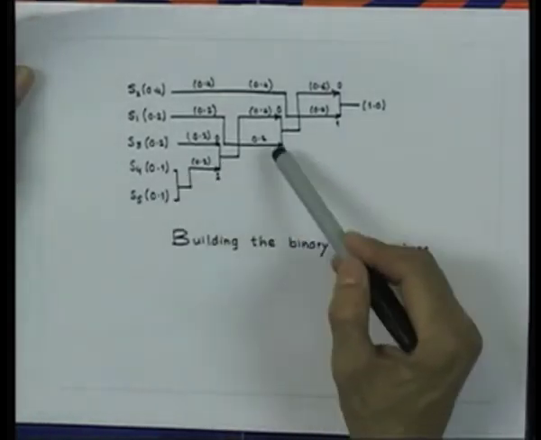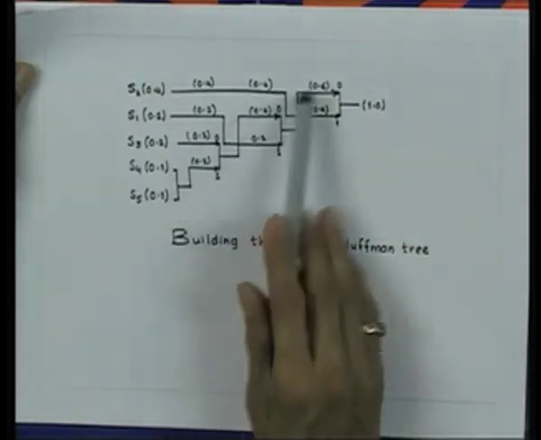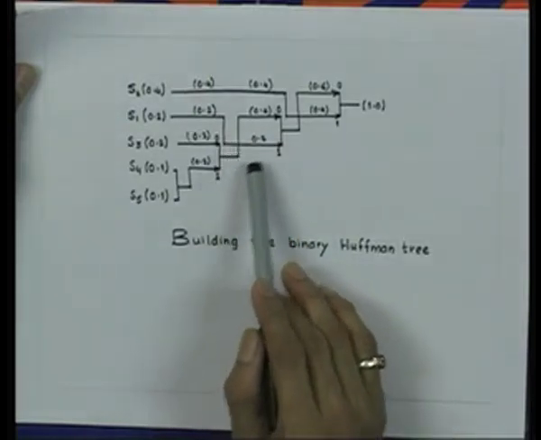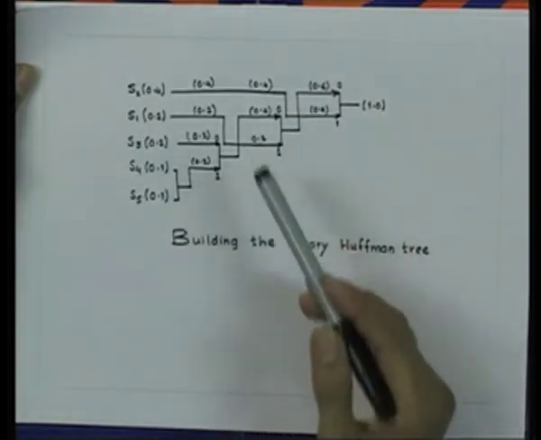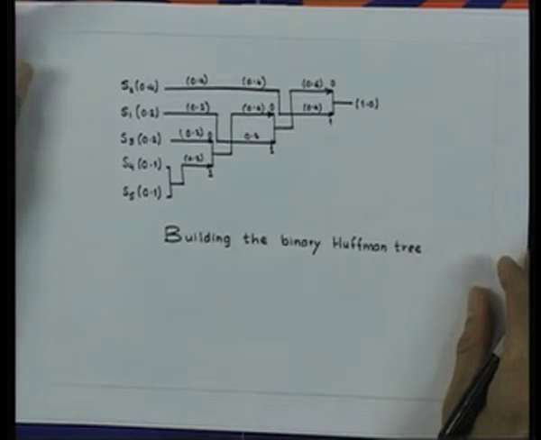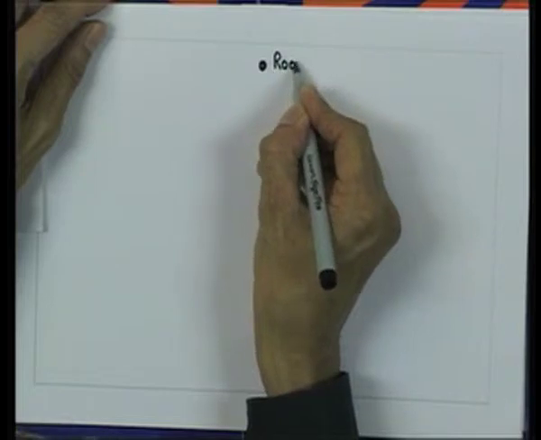So, this is the procedure for building the binary Huffman tree, and if you look at this procedure, this figure looks similar to what we had designed in the last class using the concept of sorting in the list. Now, this same binary Huffman tree which I have got here can be redrawn in a more formal way as follows. I have a root.